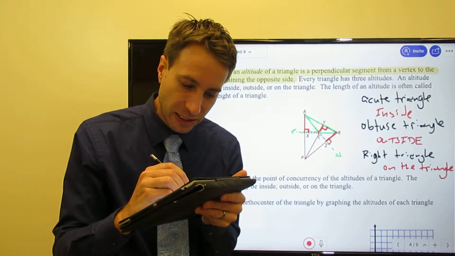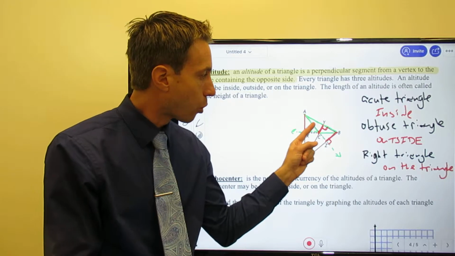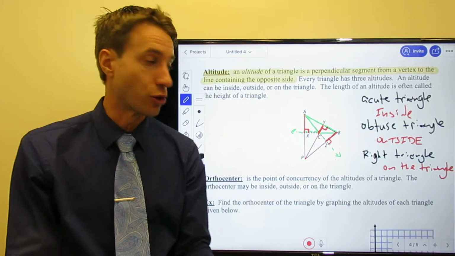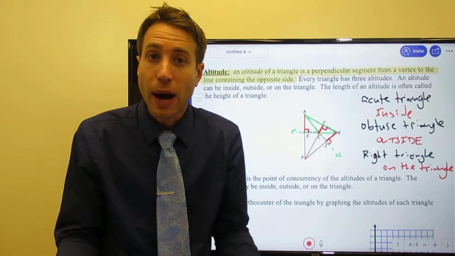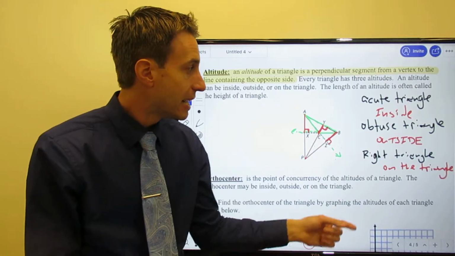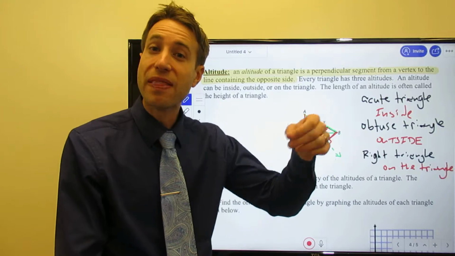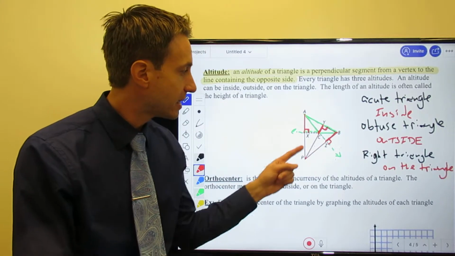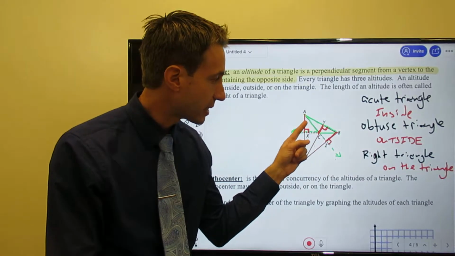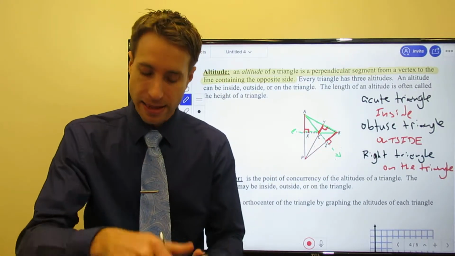But as you can clearly see from the portions of my altitudes I've drawn so far, those altitudes don't intersect. Why don't they intersect? Well, it's because I have an obtuse triangle and they're going to intersect outside of the triangle, which means, since I don't see them intersecting yet, extend them further.